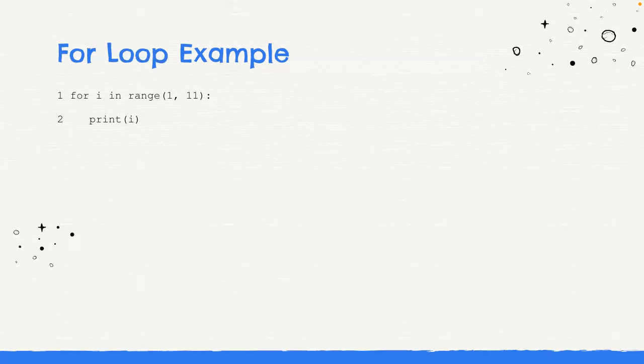So range outputs a list of numbers from, in this case, 1 through 10. But you can print out any sort of numbers. You can also make a reverse list and so on. So for i in this range, so for every item in this range, I want to print out that item. So we're printing out all the numbers from 1 through 10.